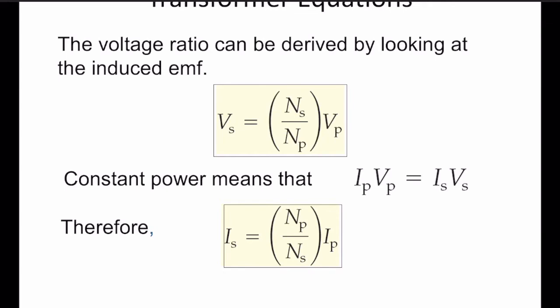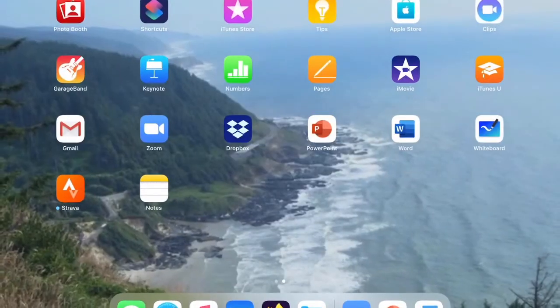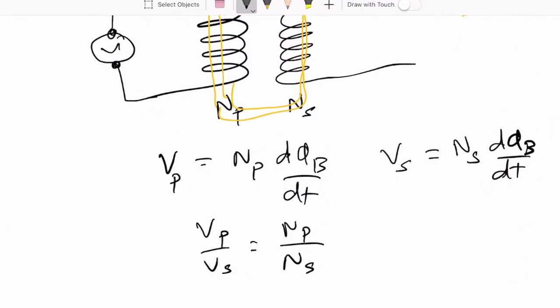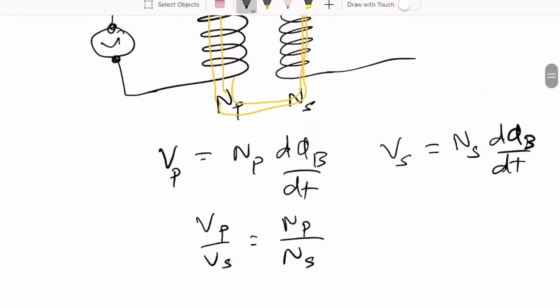Okay. Now, there is another equation that you can derive very easily, which stems from conservation of energy: the power delivered on the primary side has to equal the power on the secondary side, because power is energy per unit time, right?